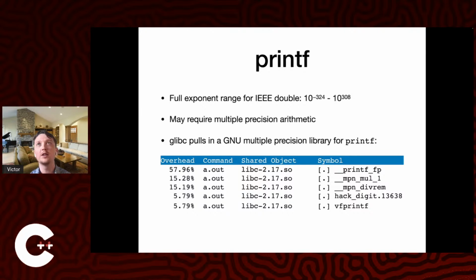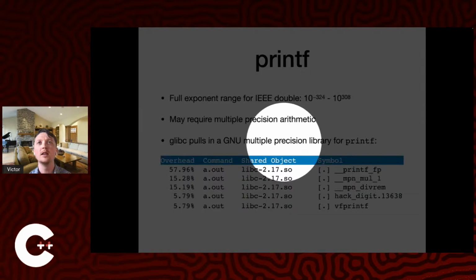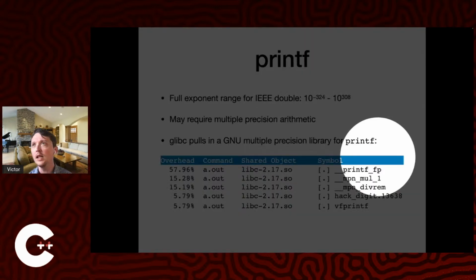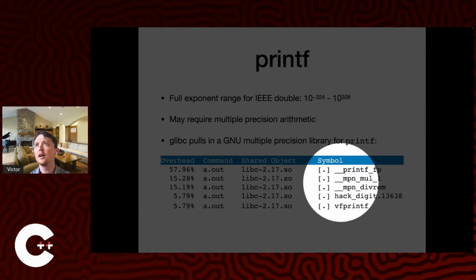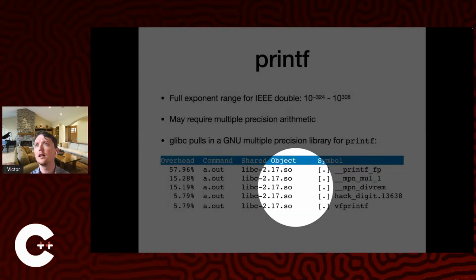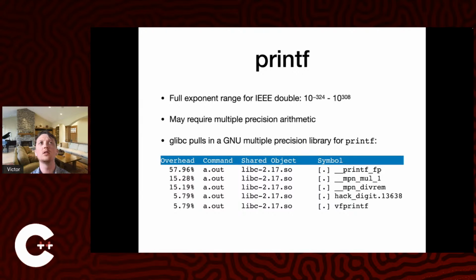If we look at the profile of a printf call with floating point, you'll see that it uses mpn, which are multi-precision library functions, multiplication, division with remainder, I guess, and something called hack digit.